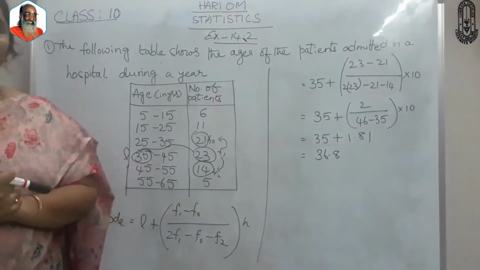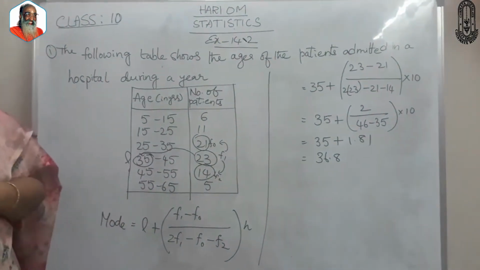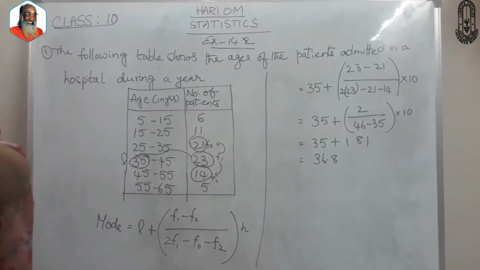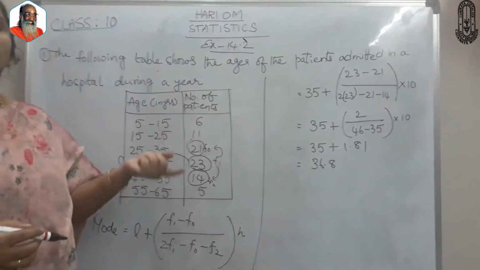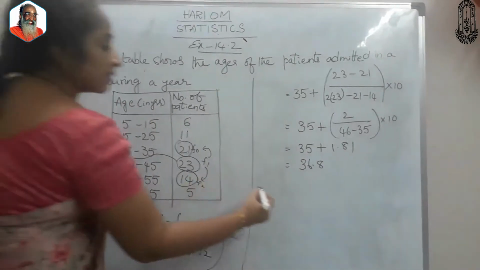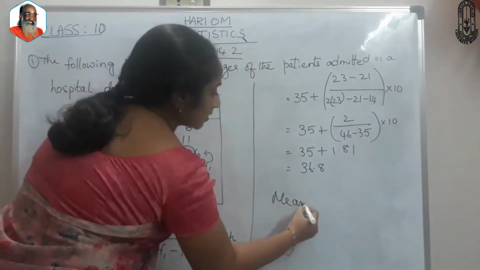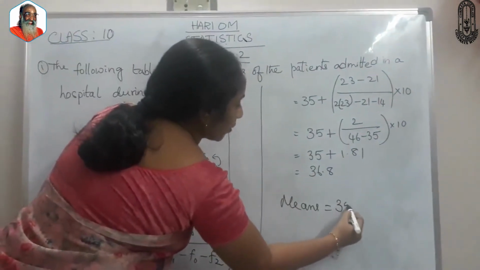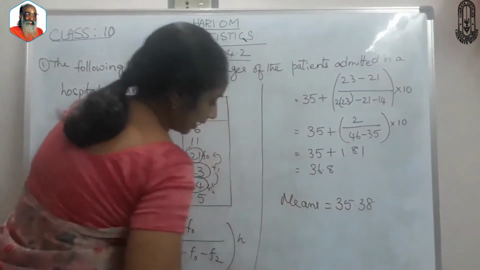Here, in the assumed mean method, we can calculate its mean, and the mean of this data is 35.38 years.